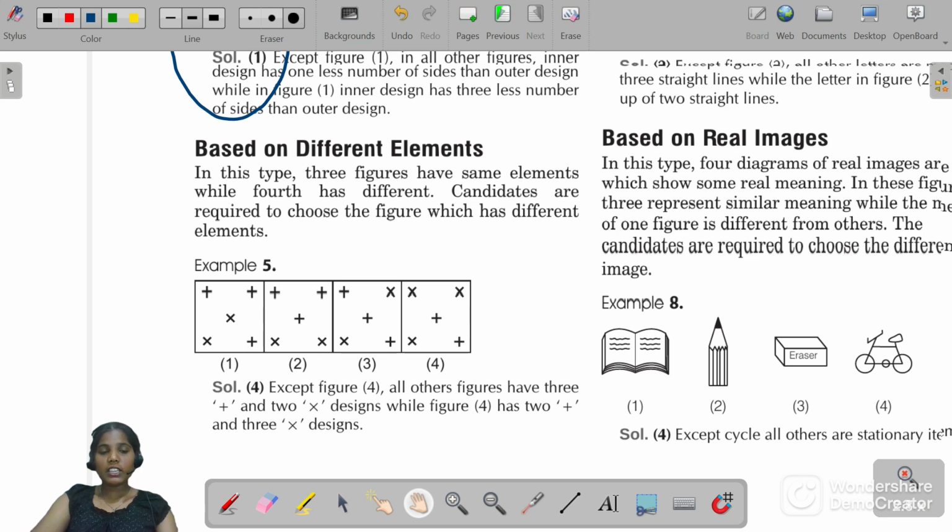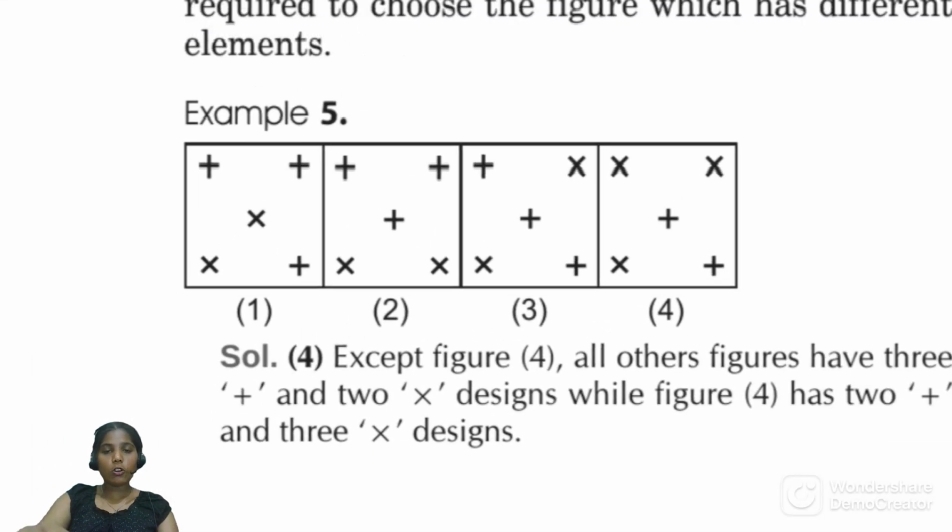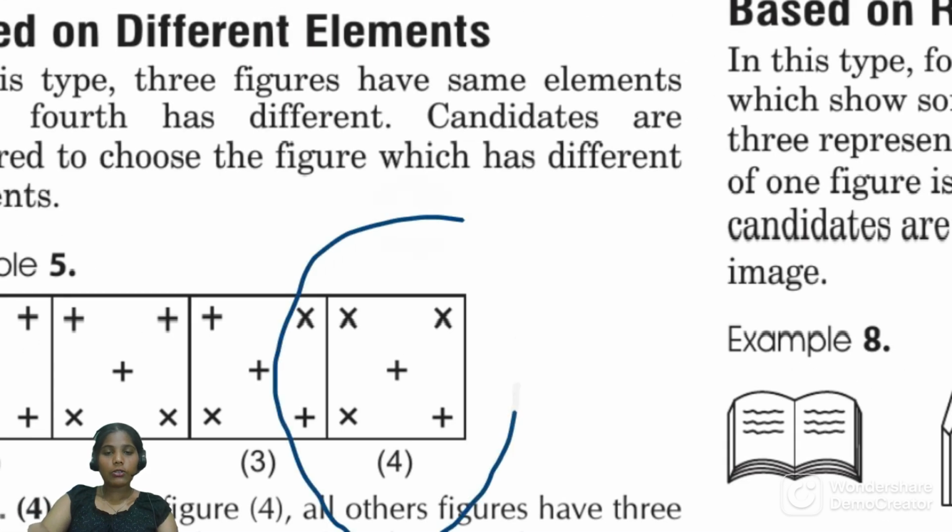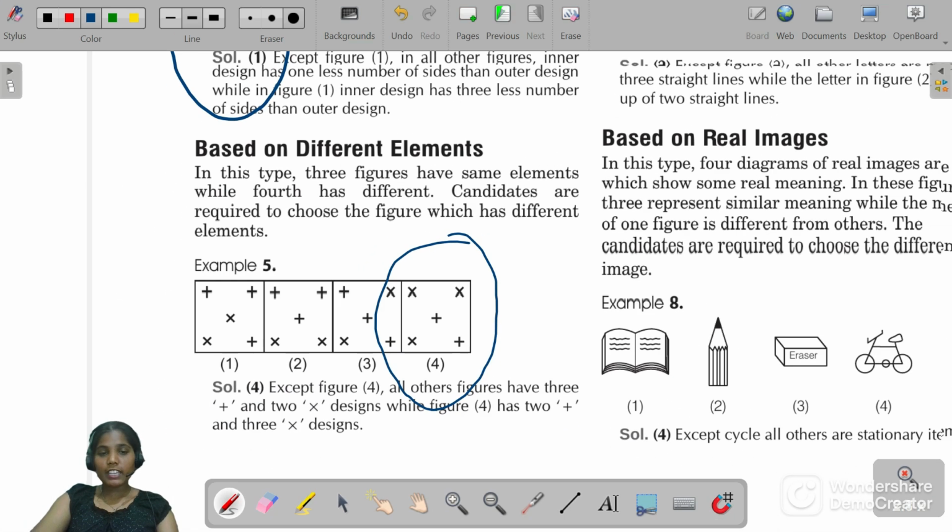So from this, we can get to know that option 4 is the odd one out. We'll mark this out. So this is based on different elements.